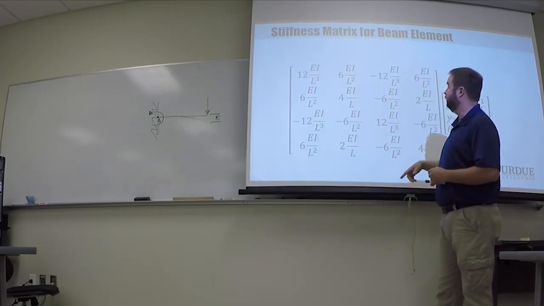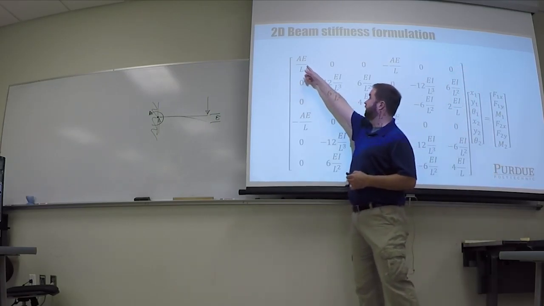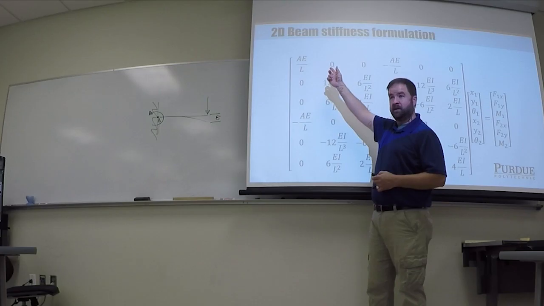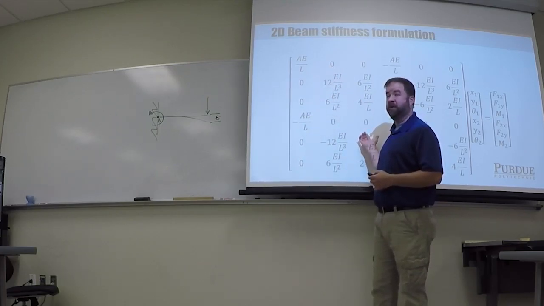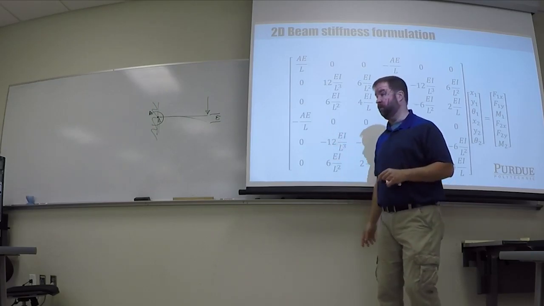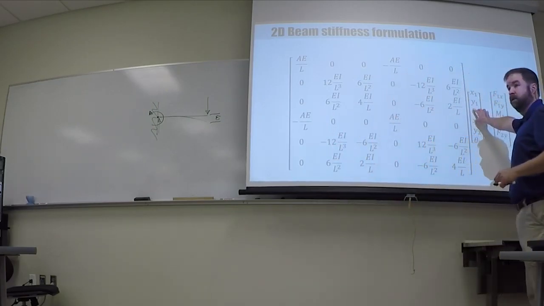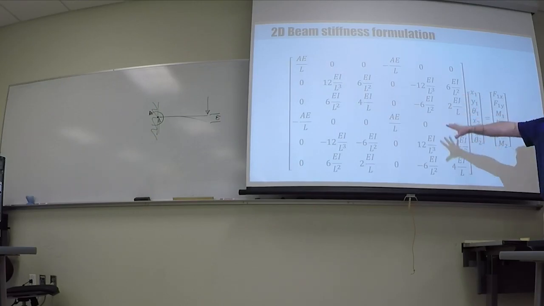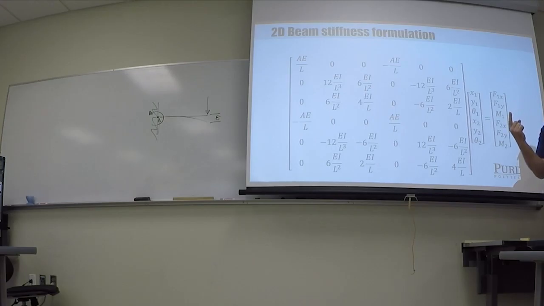And then this is the AE over L that we used in the stiffness matrix of the first one. So this looks horribly complicated, but it's not really. It's just putting the right pieces in the right spots so that when you multiply it out, it hits the right degree of freedom. So this is a 6 by 6 that represents one element in 2D.